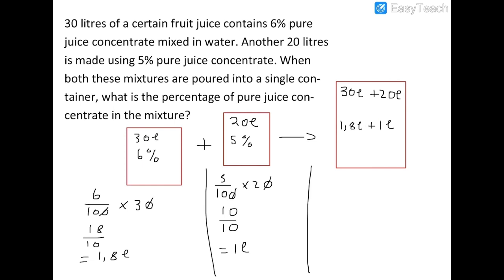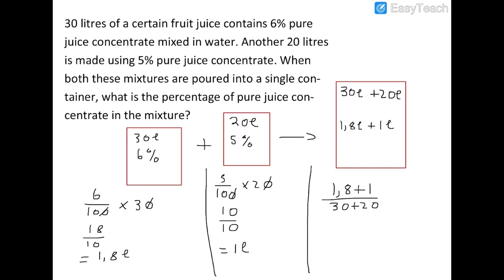And the question says we want to find the percentage of pure juice concentrate now in the mixture. So we will add 1.8 plus 1, and this must be divided by the total, which will be 30 plus 20.